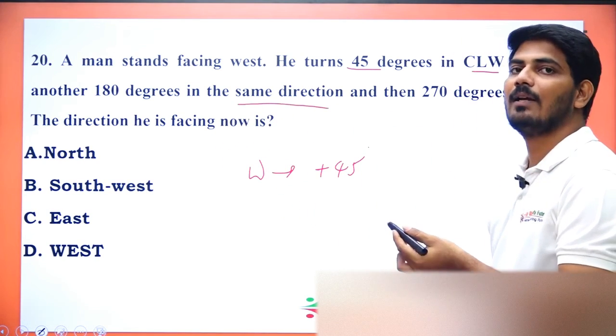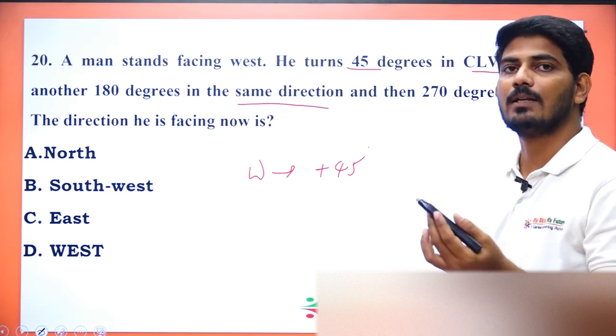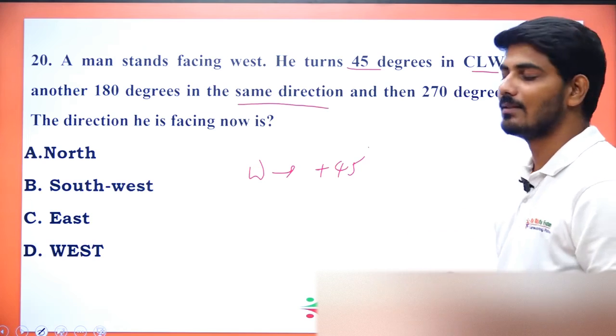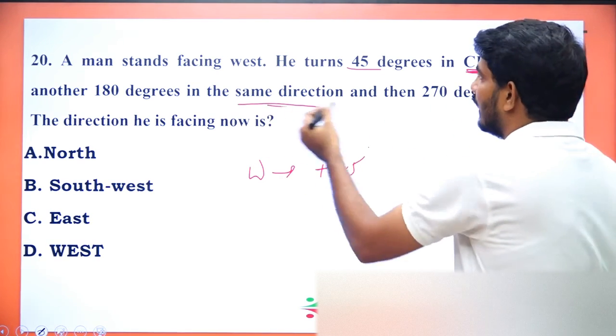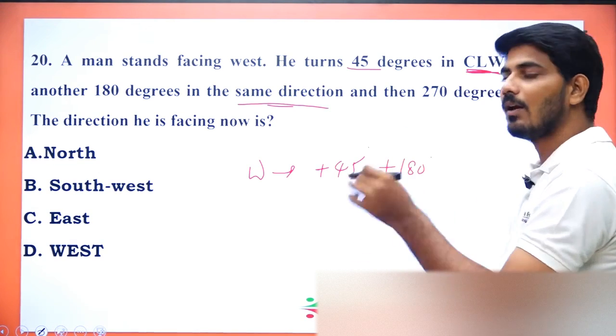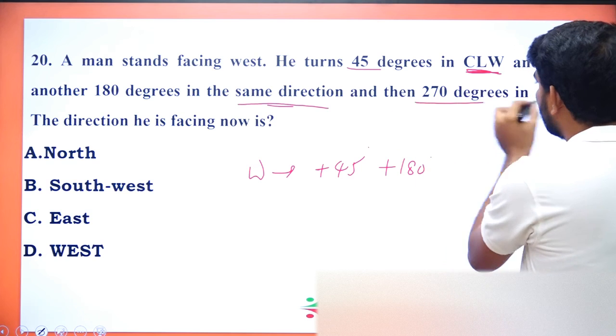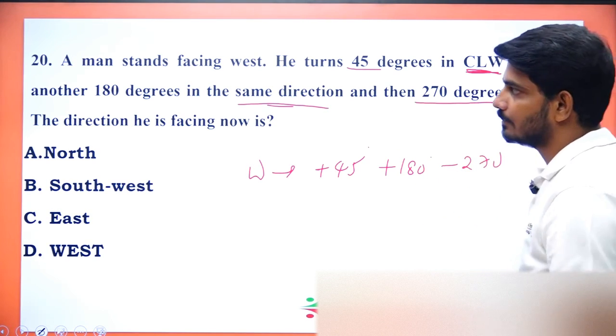Here he didn't give the direction but said the same direction, which means whatever the previous direction was, we need to consider it. The previous was clockwise, so we consider plus 180 degrees in the same direction, that is clockwise, and then 270 degrees anti-clockwise.